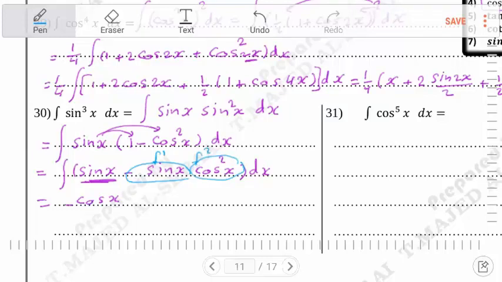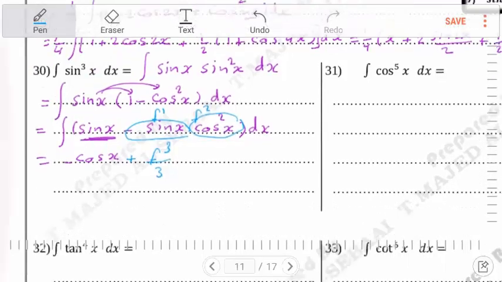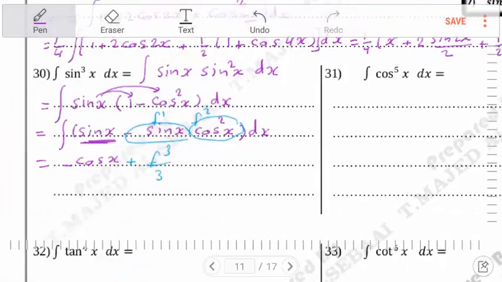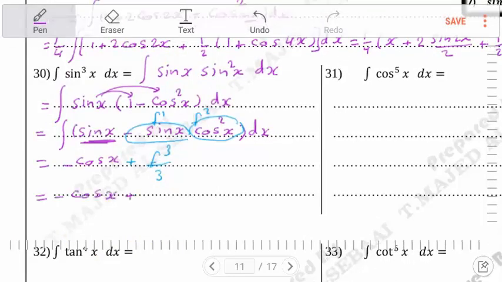So the answer is going to be plus, because f dash with minus will be plus f to the power of 3 over 3. You remember this rule? Yes. So that's why I'm going to write it minus cosine x plus, what is f in this question? It is cosine. So it's going to be cosine to the power of 3 x over 3 plus c.